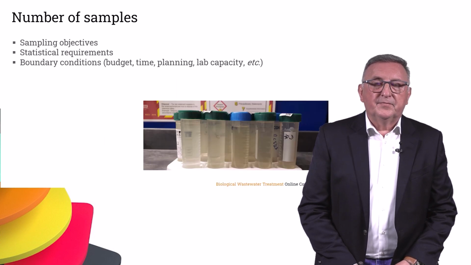Number of samples is determined by sampling objectives, statistical requirements, boundary conditions, and these can be budget, time, planning, lab capacity, or a combination of these. In most cases, it is a combination of these.